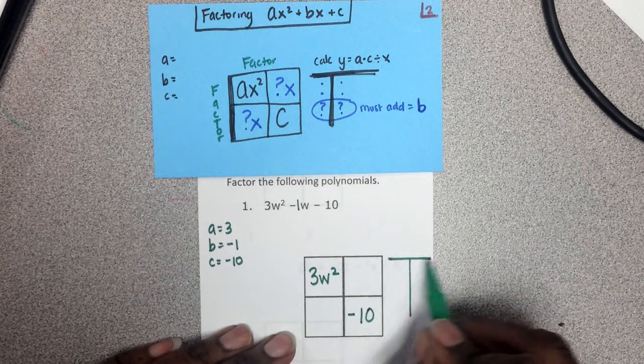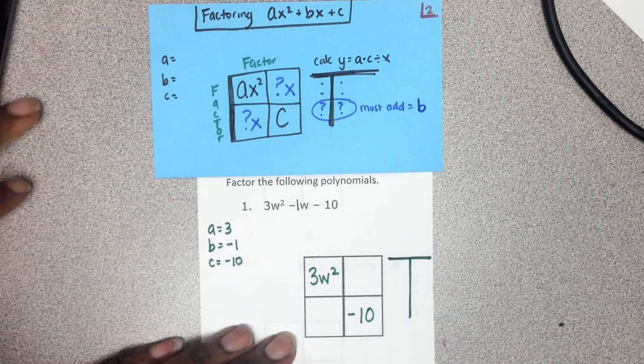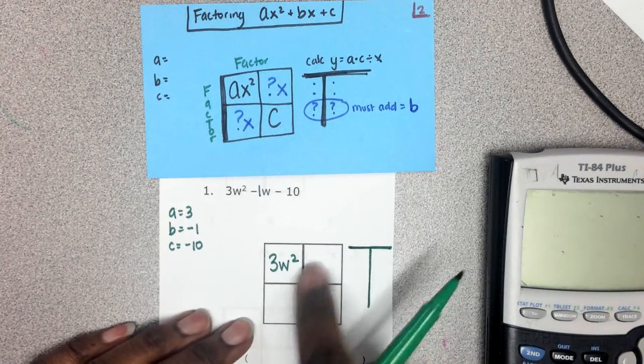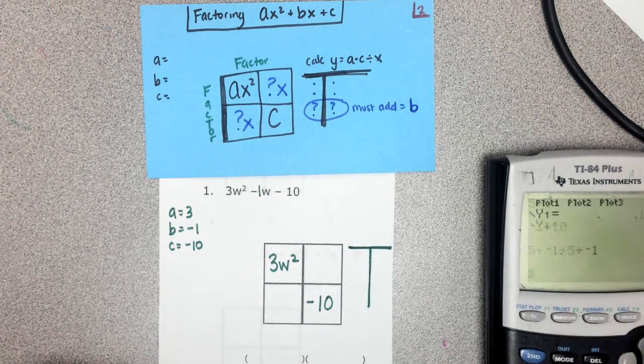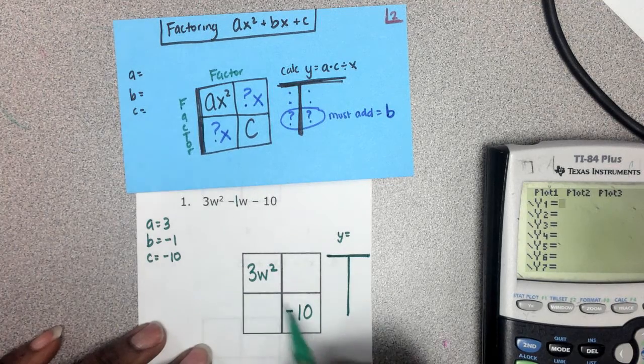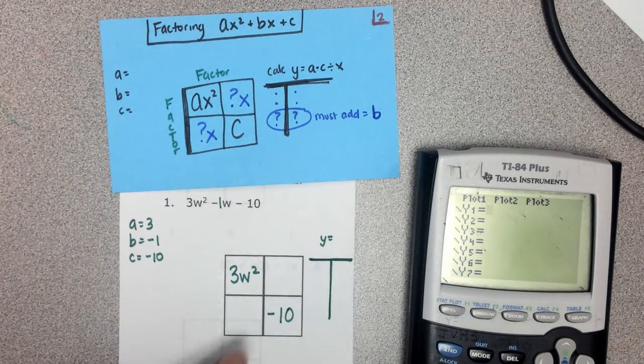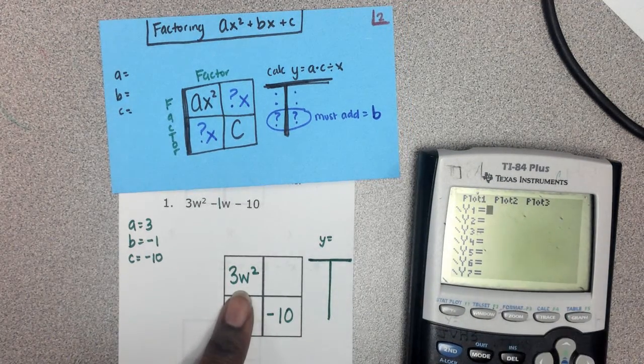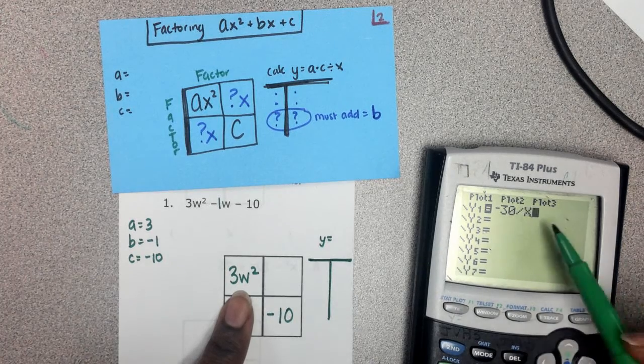Now we make our little T chart over here because our calculator is going to help us fill in these two blanks. Now in our calculator, we go to the y equals, and we must multiply 3 times -10. Some people already know that 3 times -10 is -30 divided by x.